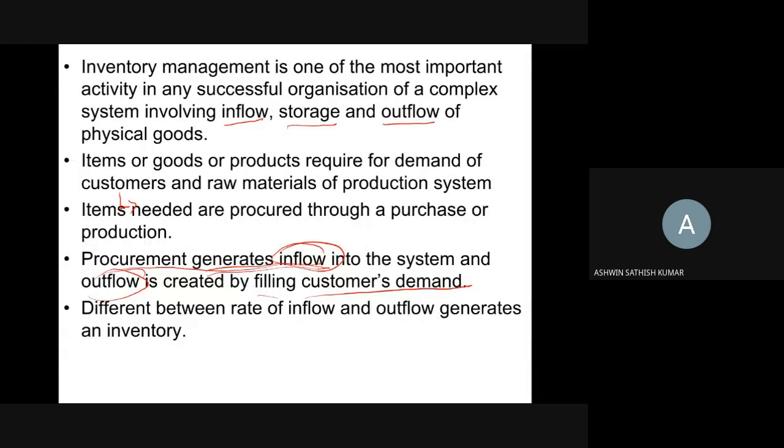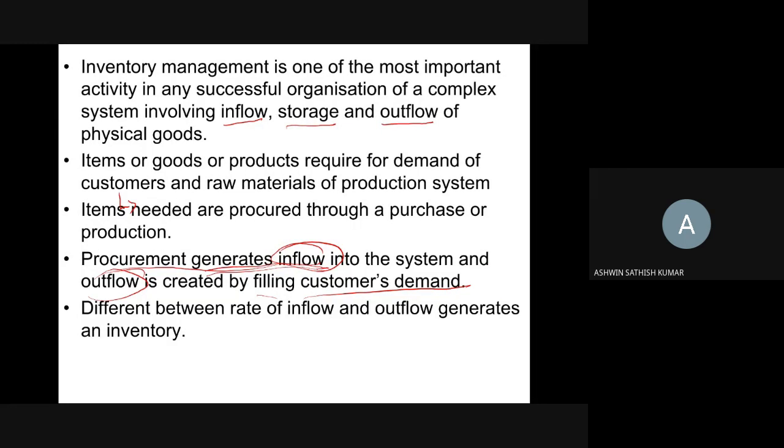So in advance we have to procure the required items, products, and goods. The difference between the demand and the procured goods will create the inventory. With the generated demand, the inventory will decrease, so that inventory we have to manage.